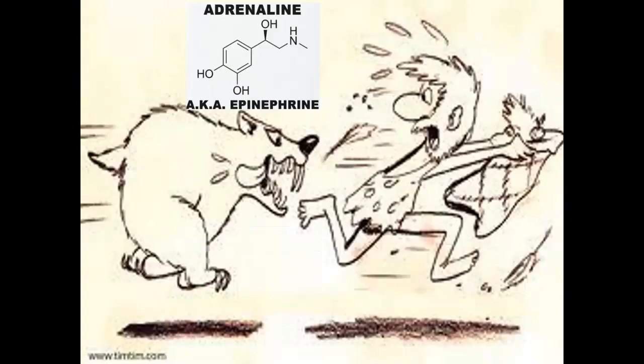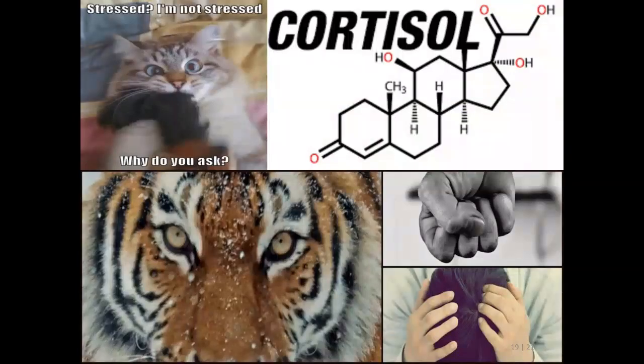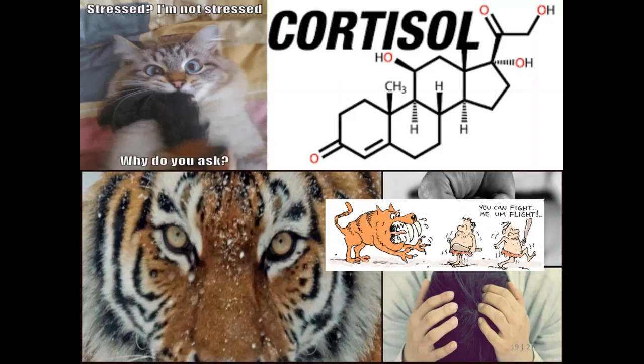This is the epinephrine, right? Adrenaline. It's chemistry. And when that's released from a real stress or an imaginary long-term stress, cortisol also is released from your adrenals. Real stress or imaginary stress, we are the only species that does that.